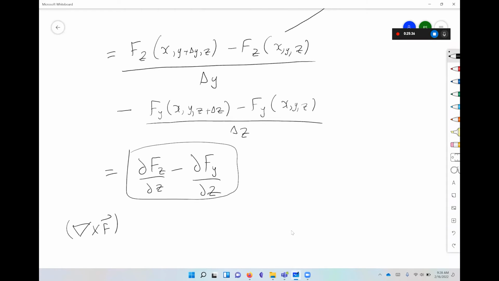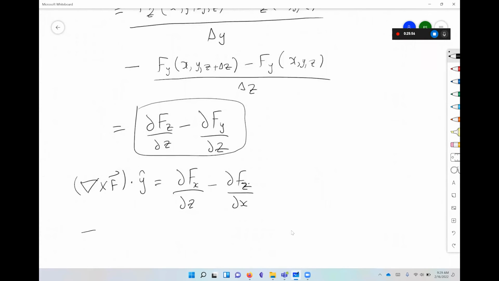So curl f dot y is going to be delta fx over delta z minus delta fz over delta x, and then curl f dot z is going to be delta fy over delta x minus delta fx over delta y. I'm going to show you how to quickly get those expressions in a moment.